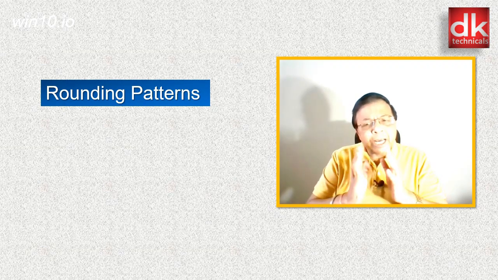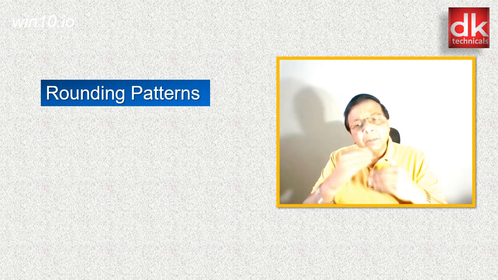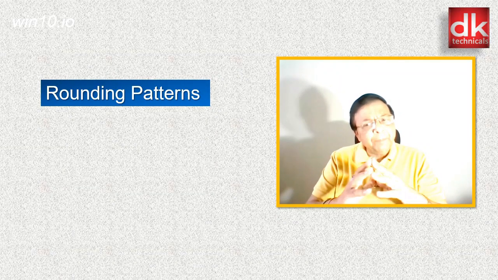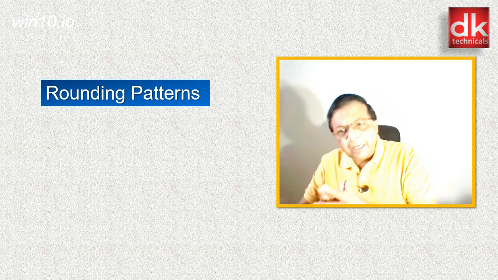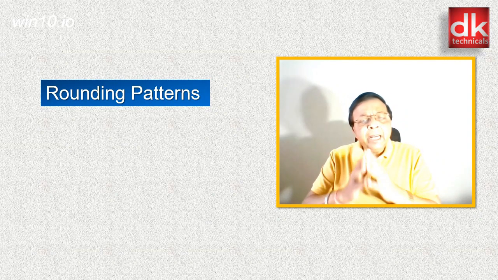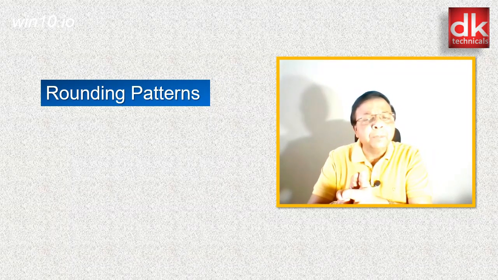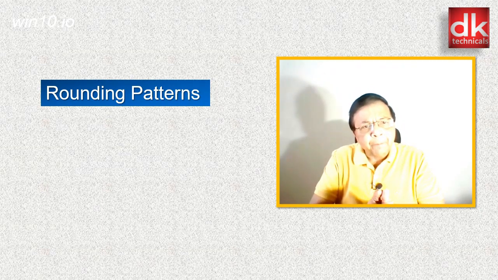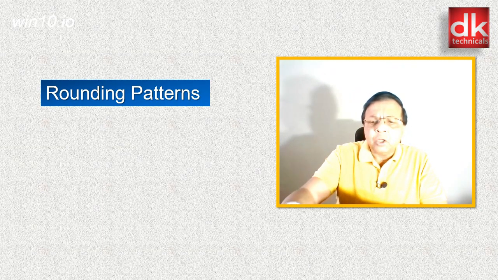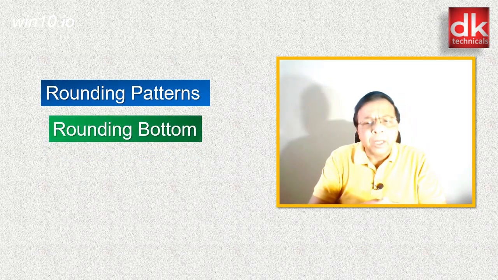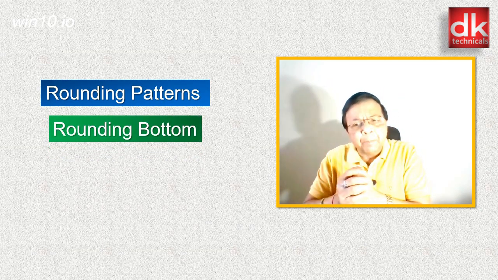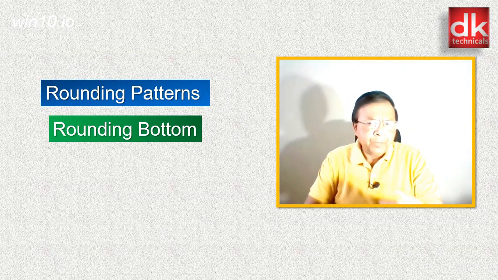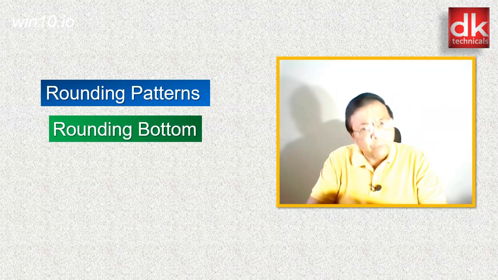There are two types of rounding patterns that we come across in the price chart, and both the patterns are actually dealt with differently, in the sense that your stance for the market would be different when these patterns appear. One we are talking about today is the rounding bottom, which is a bullish reversal chart pattern that gets formed after a long-term bearish market.